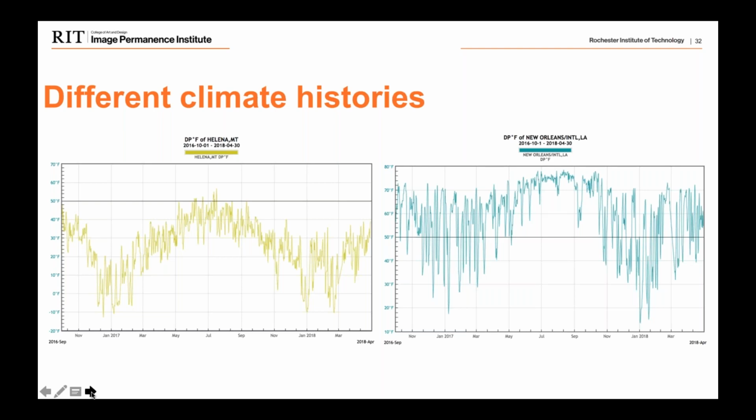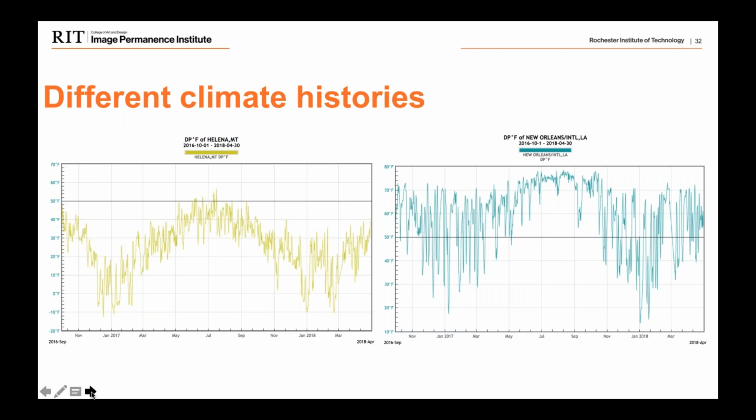But you can see here, Montana obviously has a much drier climate than Louisiana, so the objects in Montana have experienced more consistent lows than those in Louisiana. So the amount of risk that something like 60% relative humidity might pose for an object is very different if they're coming from these different climates.